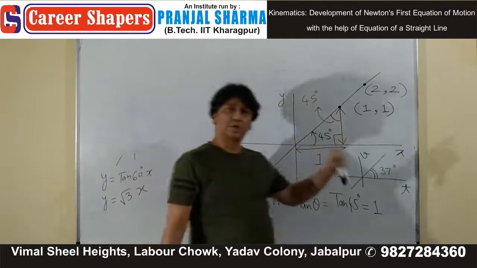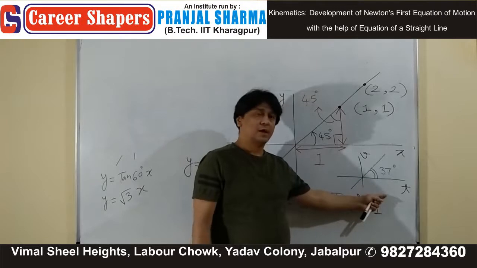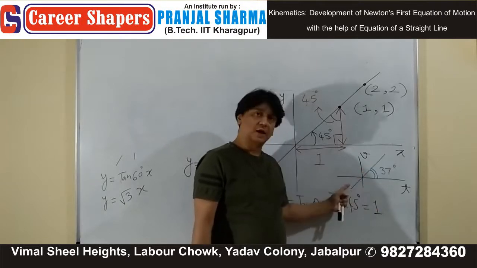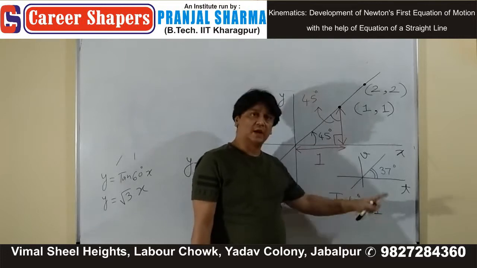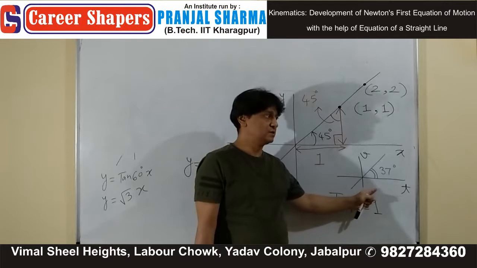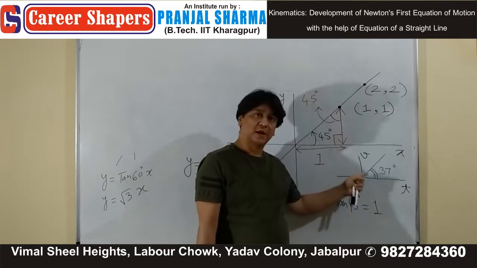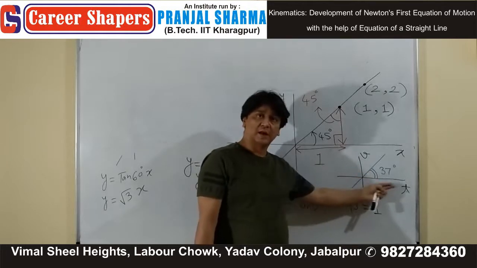The graph is plotted between velocity and time and is in the form of a straight line which makes an angle of 37 degrees with the time axis.